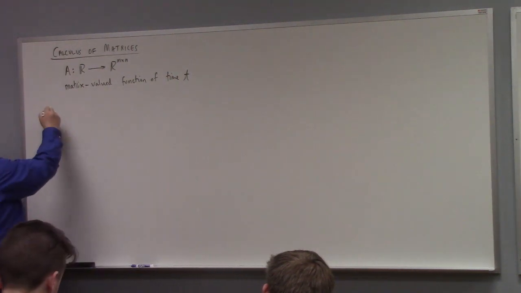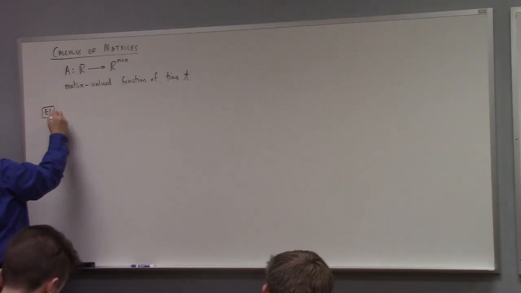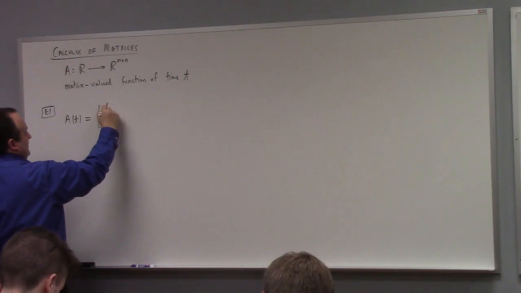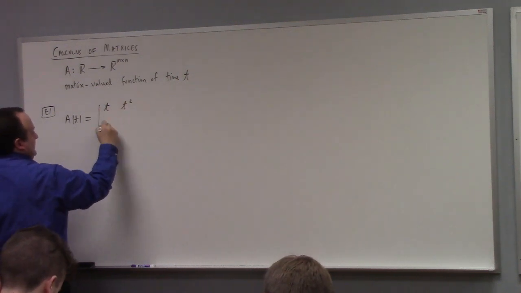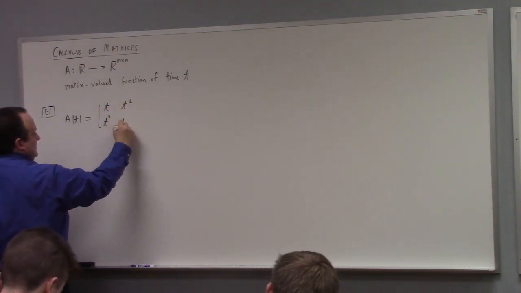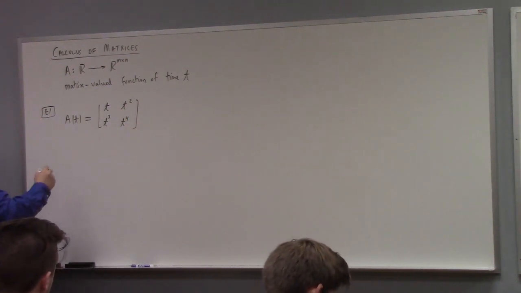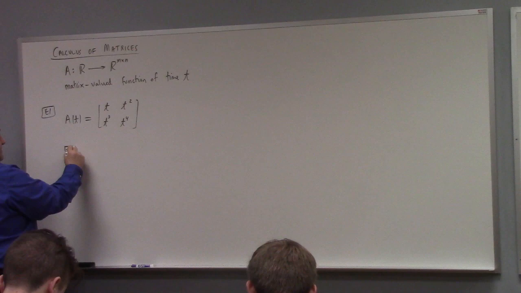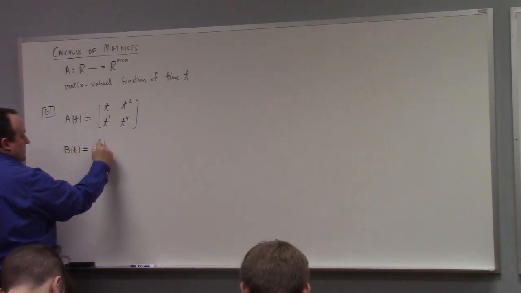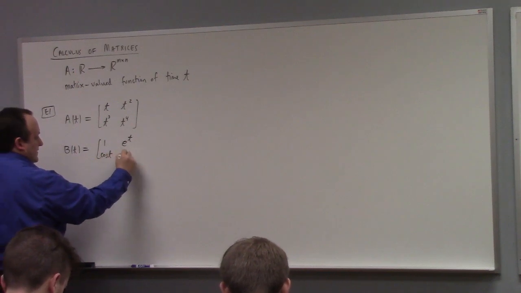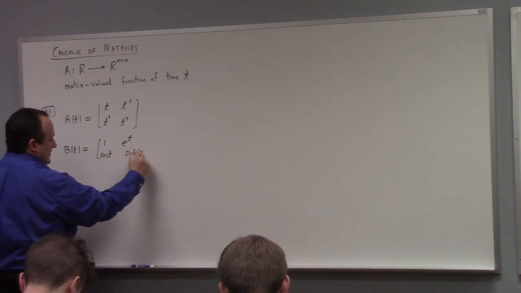For example, we might have A of t is t squared, t cubed, t to the fourth. That's simple enough, right? Or you might have B of t is equal to 1, e to the t, cosine t, hyperbolic sine of 3t.